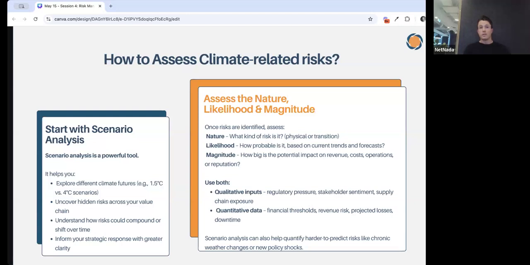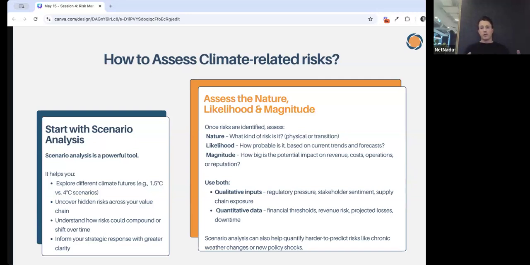Once we've got the nature and the likelihood, then we can start to assess the magnitude as well. This is looking at not just how it is going to impact that environment, that supply chain, that operations, those customers or key stakeholders, but also how it is going to affect your revenue, your operating costs, any of your asset values, your market positioning, anything that's valuable to your business and important.